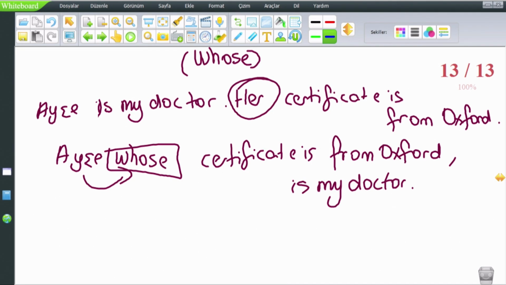As I have said, we have something different with whose, when, where, and whom. I cannot change the places of these sentences because only one of these sentences has the meaning of possession. So I cannot say anything like Ayşe's certificate is, or etc.